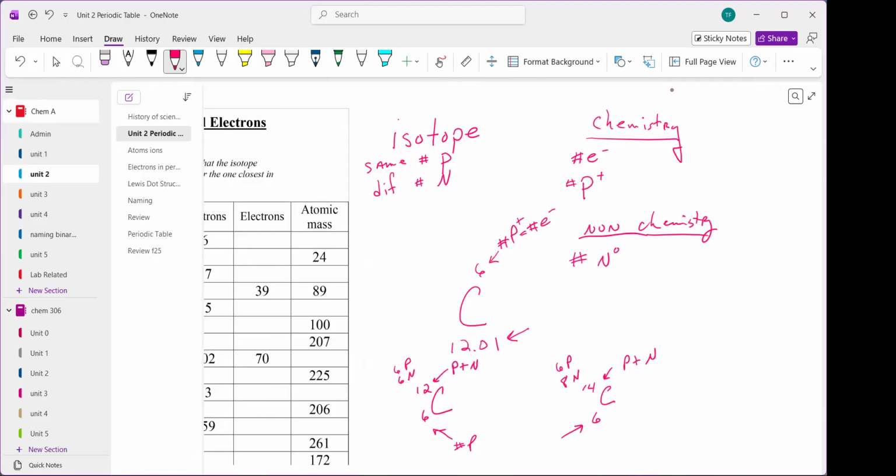Now, you always have the bigger number on top, smaller number on the bottom. Okay, except for the periodic table. Periodic table has it opposite. Big number on the bottom, little number on top. So other than the periodic table, whenever you write an element, you're going to have the isotope number on top and the proton number on the bottom.